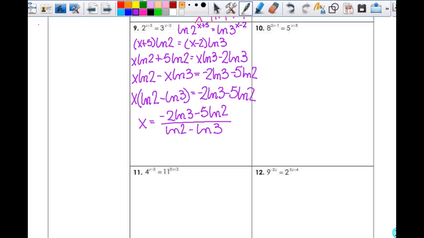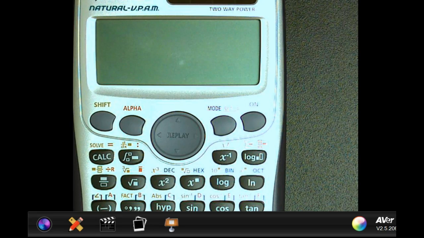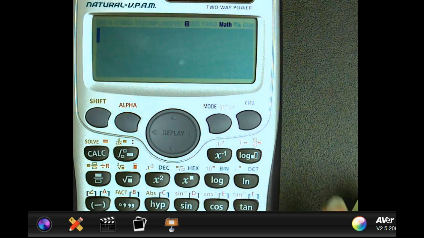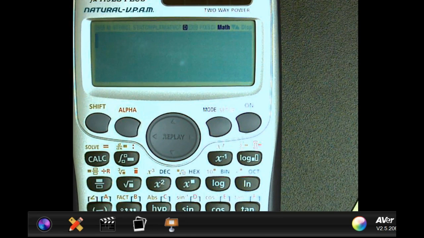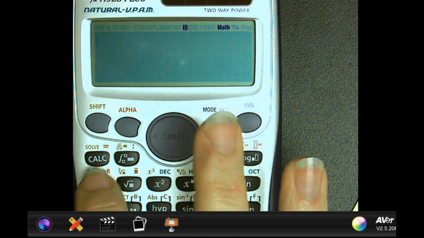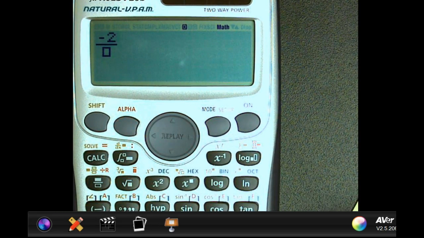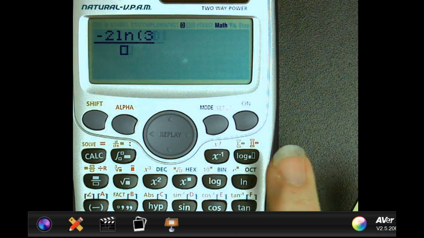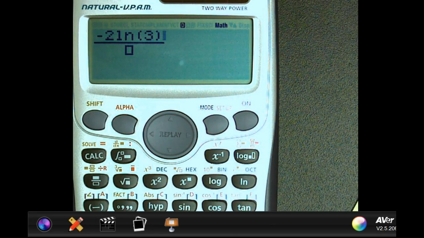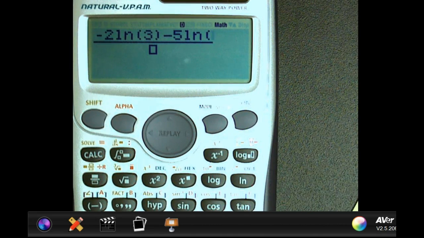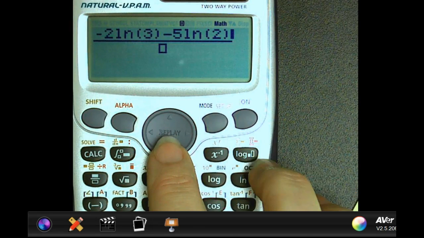You can type it in exactly like it shows on paper. The only difference is when it opens the parentheses for you, you have to make sure you close them. What's fraction? Minus 5, 2. Then numerator you can arrow down.